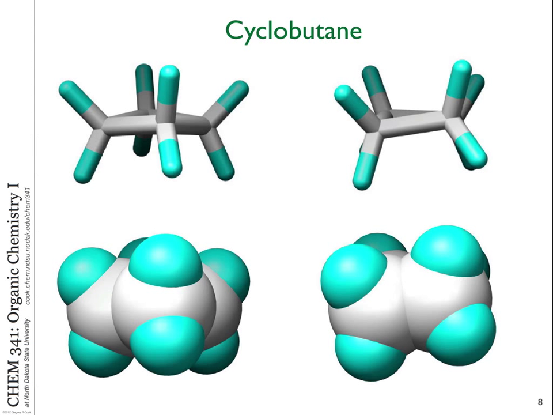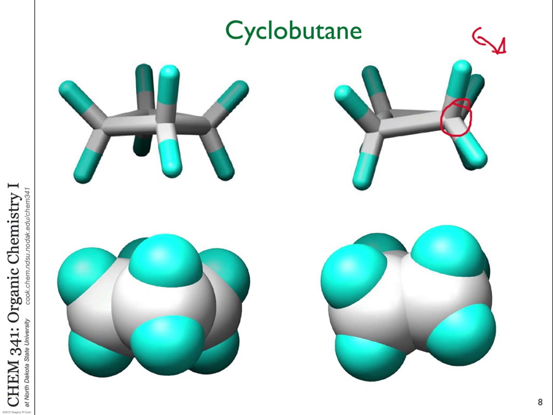That pucker allows a little bit of release or easing of that torsional strain. And if you look down this bond, in this view, I'm looking here from a carbon in front to a carbon in back, you can see that these hydrogens now are no longer 0 degrees apart when you look at that from front to back.